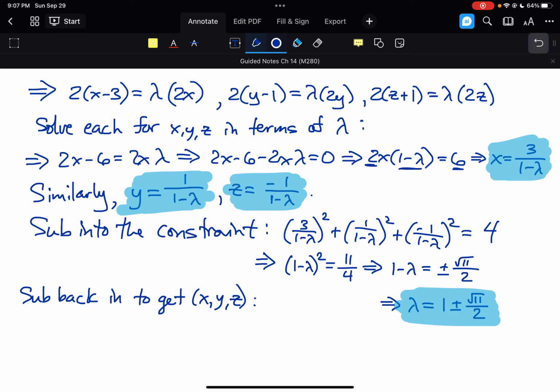So what we would do, I'll show one of these. So x equals 3 over 1 minus, I'll do the minus case first, 1 minus rad 11 over 2. 1 minus 1 cancels. Negative, negative. So this is 3 over rad 11 over 2. Multiplied by the reciprocal, we get 6 over rad 11.